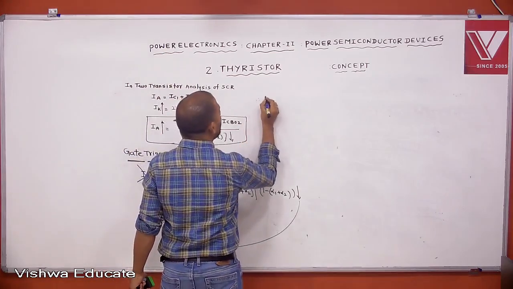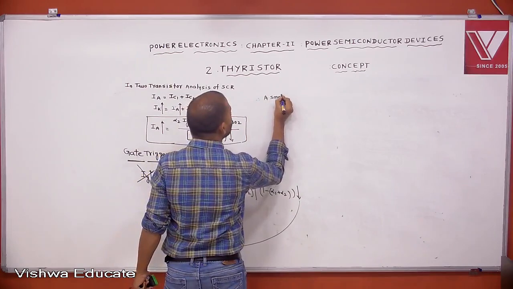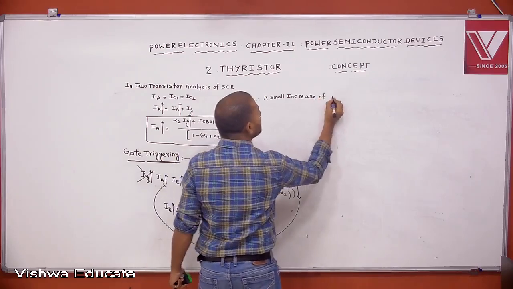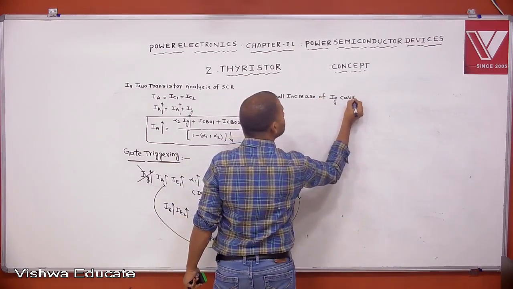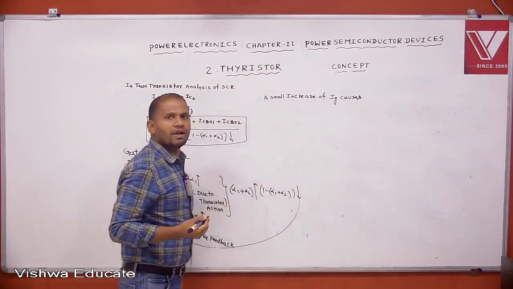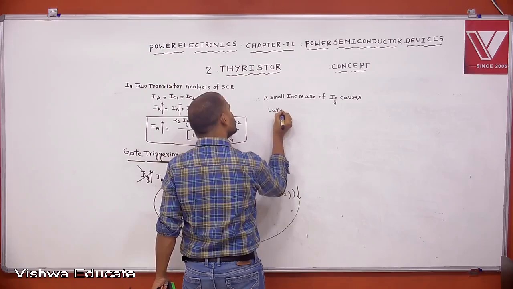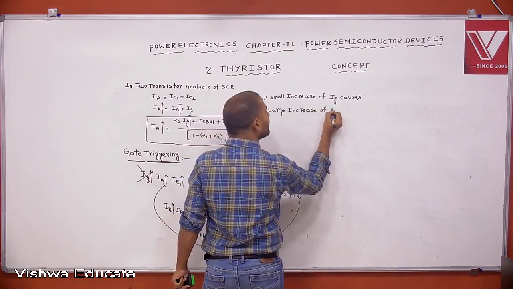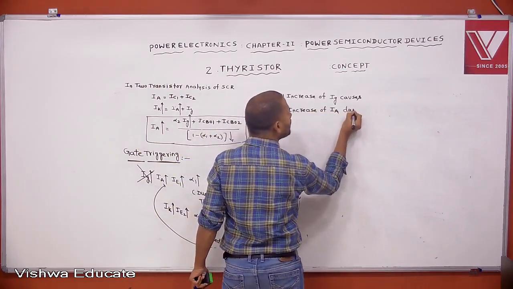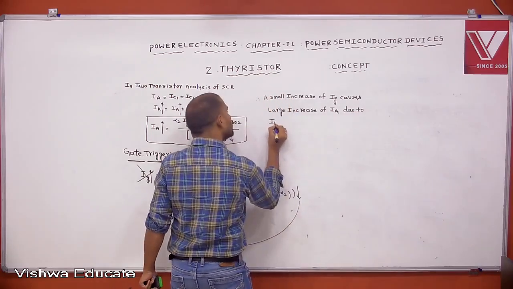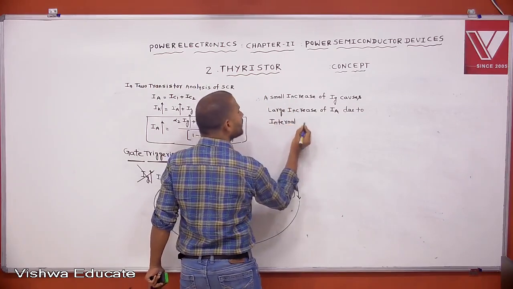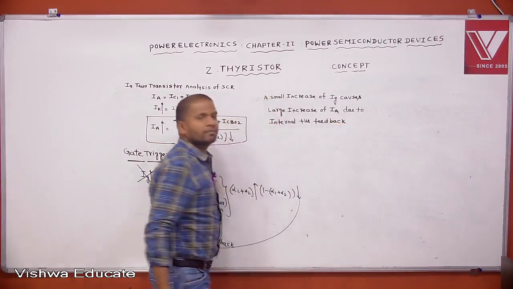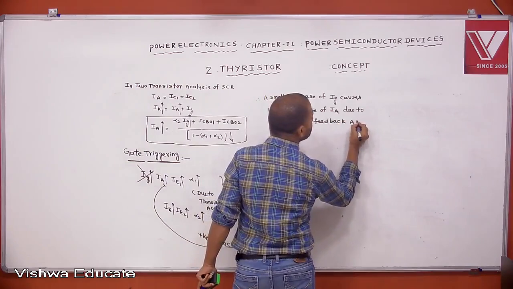Therefore, a small increase of IC causes a large increase of IA due to internal positive feedback action.